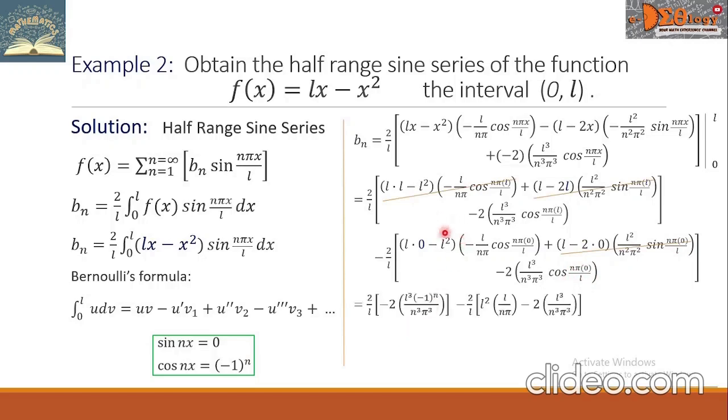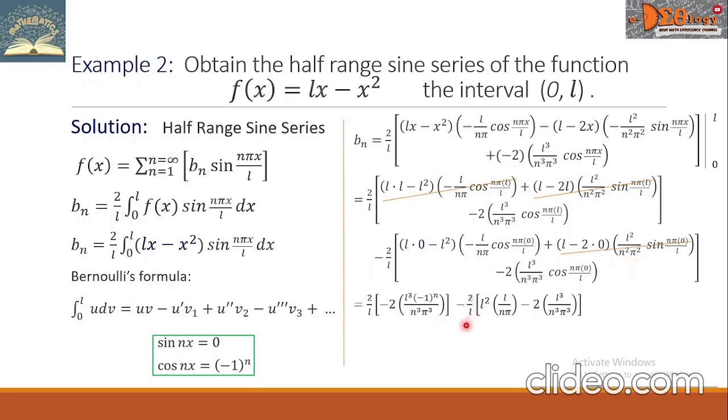We collect now the remaining terms. We have this in the first group 2 over L times the -2 times L cubed. Then we have this quantity -1 that is raised to n all over n cubed times pi cubed. Minus, we collect the remains in the second group.